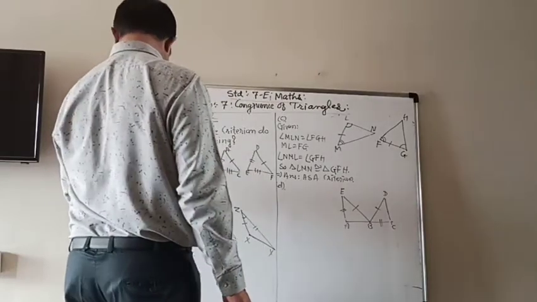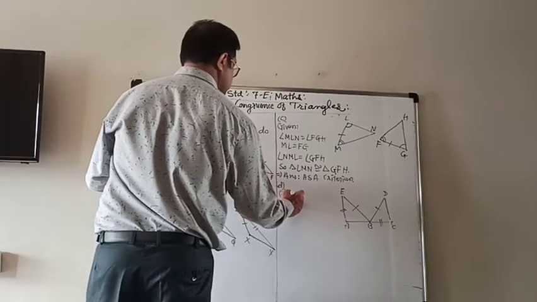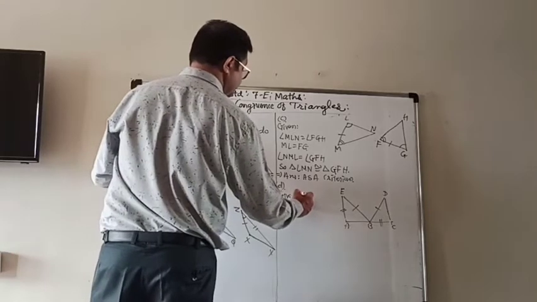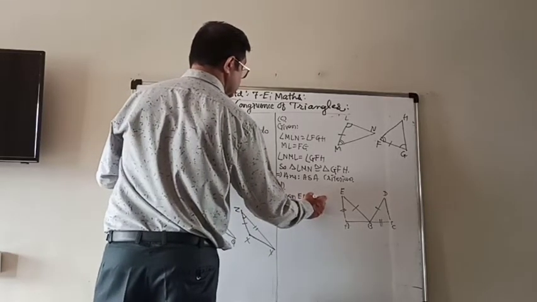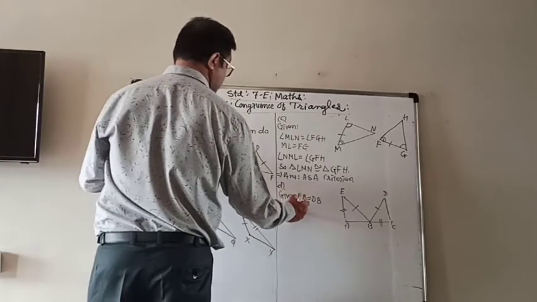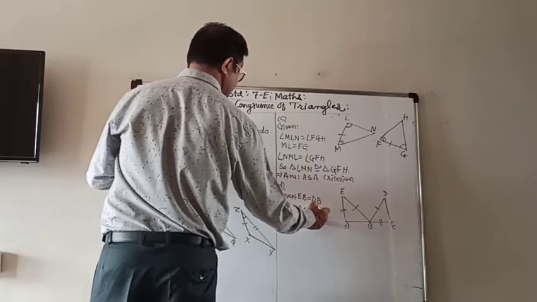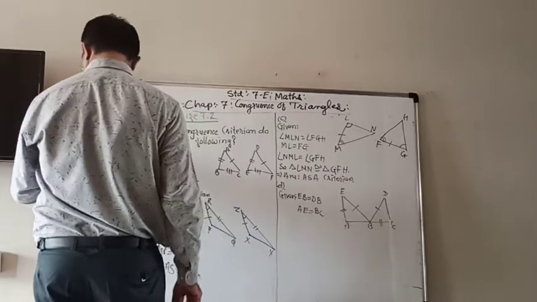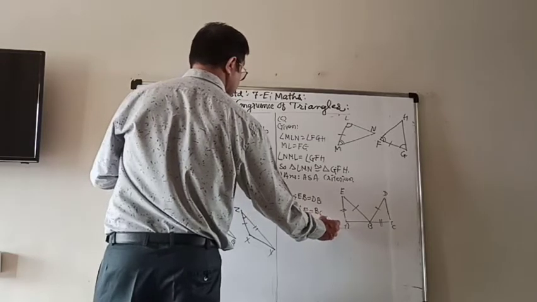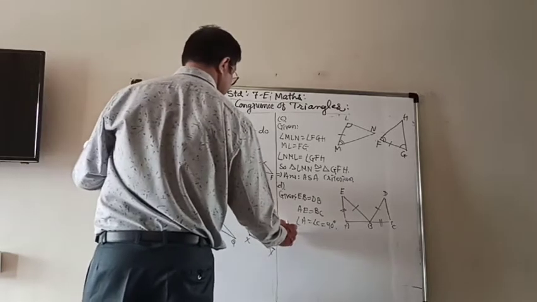So here given EB is equal to DB. Then what else is given? AE is equal to BC. And angle A equals angle C equals 90 degrees.